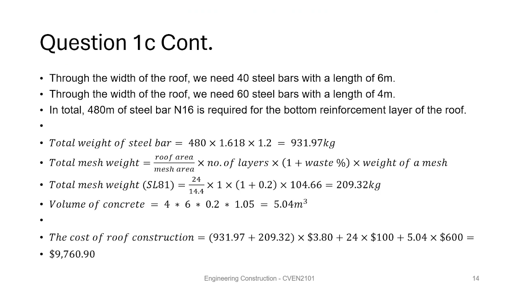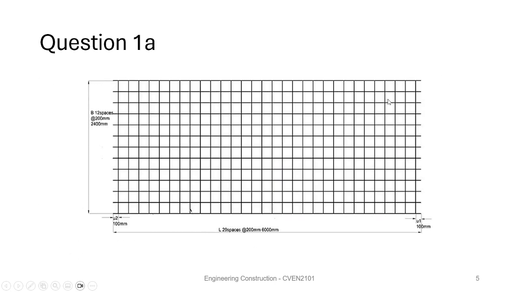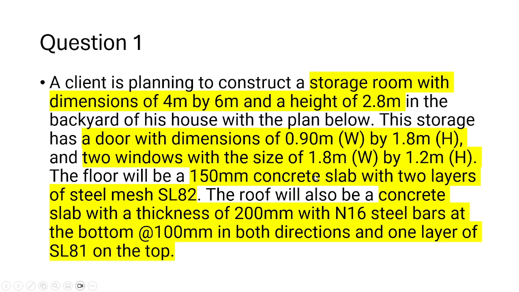So, through the width of the roof, we need 40 steel bars because we know the spacing of each section. And we need 60 steel bars with the length of 4 meters, right? Because the dimension of your building is 4 by 6. Yep, 4 by 6. And we know that we need it every 100 mils.